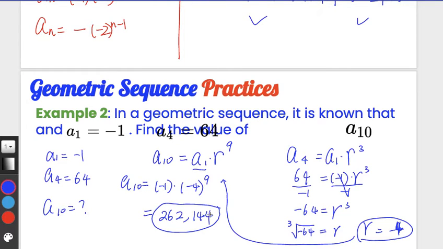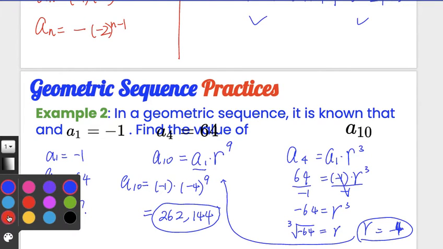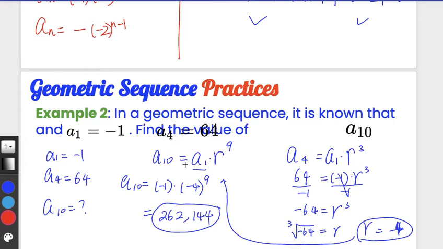The other thing I want to remind you is, some students might ask, in order to get the 10th term, do I have to use the first one? Can I use the fourth one? So I'm going to write the notes on this side so you can see how to get the answer from the fourth term. A10, from the first term, I multiply the ratio 9 times, which is 10 minus 1.